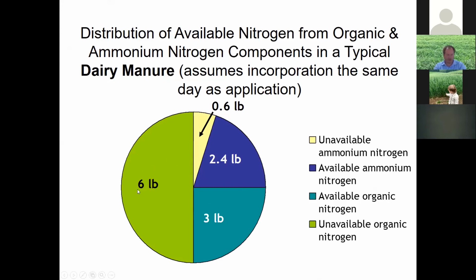The other 6 pounds is not going to be available until future years. And also realize that the ammonium component of that is going to depend upon when you incorporate it. So if you don't incorporate it, you're going to lose the majority of the ammonium component. If you do incorporate it fairly readily, you're going to be able to keep most of that ammonium component.